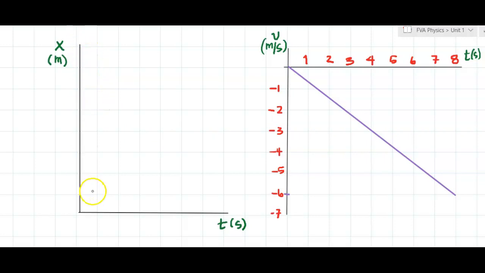Now, a slope that's up and to the right on a position time graph would indicate a positive velocity, but a slope that is in general down and to the right on a position time graph gives me a negative slope or negative velocity. So if our object starts at a very positive position, but starts from rest as indicated by our velocity graph, then the initial slope of the tangent line should be 0.